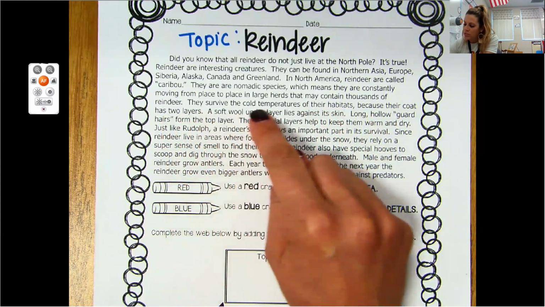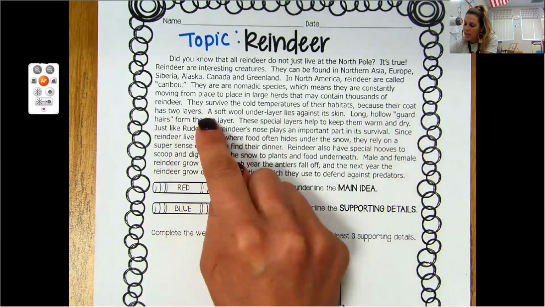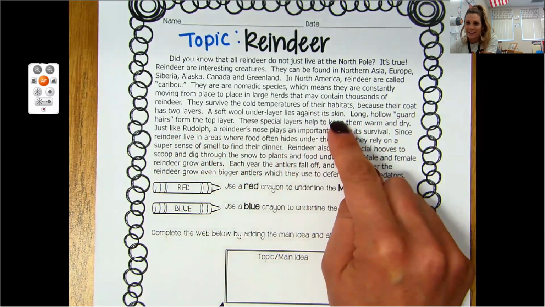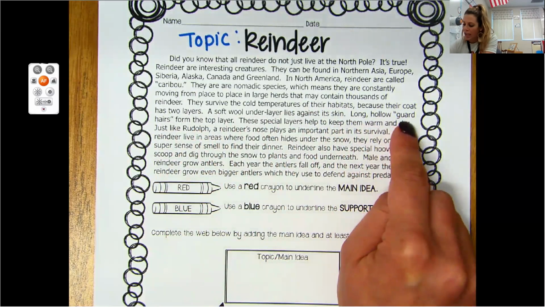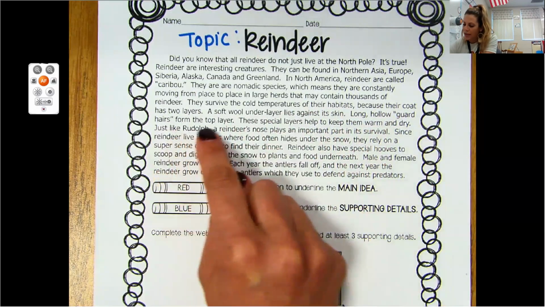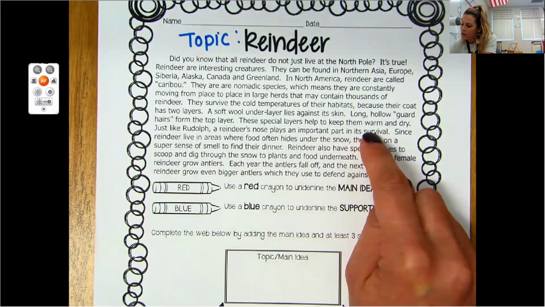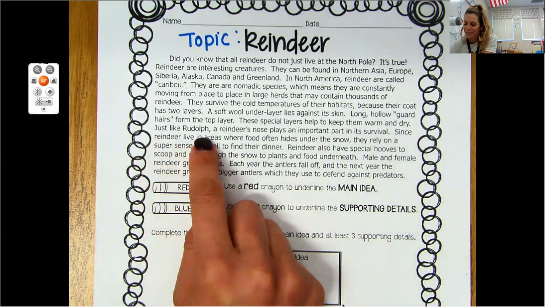They survive the cold temperatures of their habitats. Their coat has a soft wool underlayer that lies against its skin, kind of like a blanket. Long, hollow guard hairs form the top layer. These special layers help to keep them warm and dry, just like Rudolph.